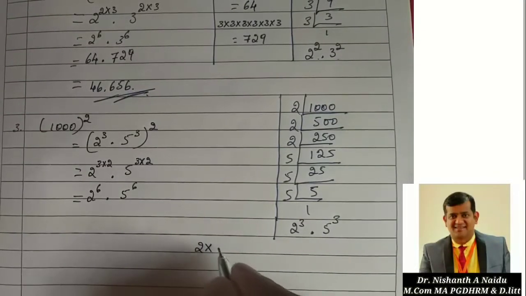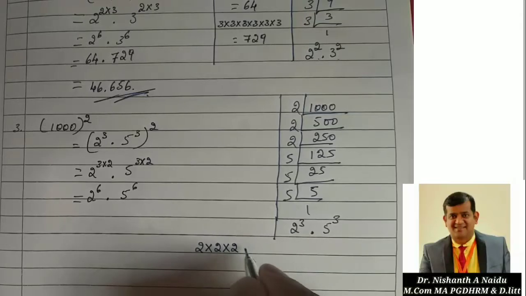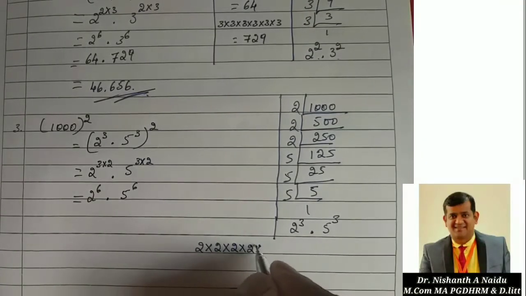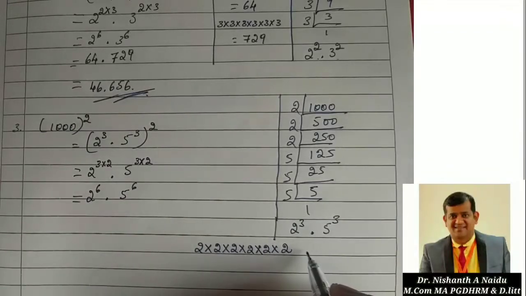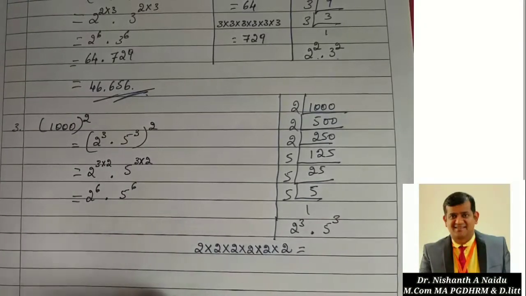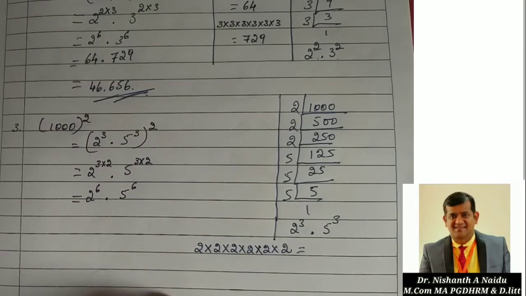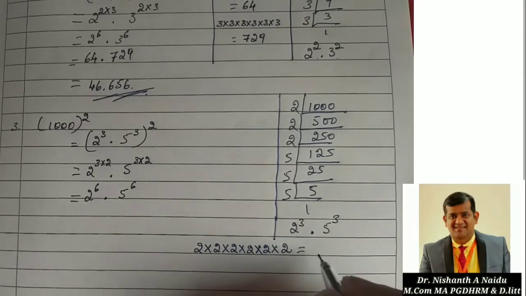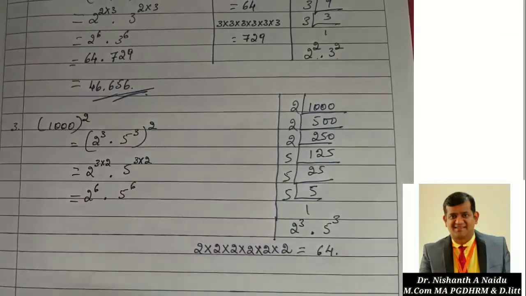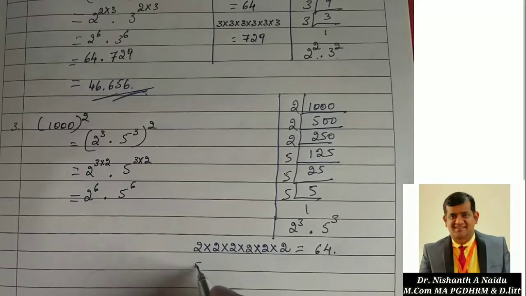So 2, 1 2 3 4 5 and 6. 2 to the power of 6, so that is equals how much? Check out. 1 2 3 4 5 6. So you are going to get 64. Answer is 64.